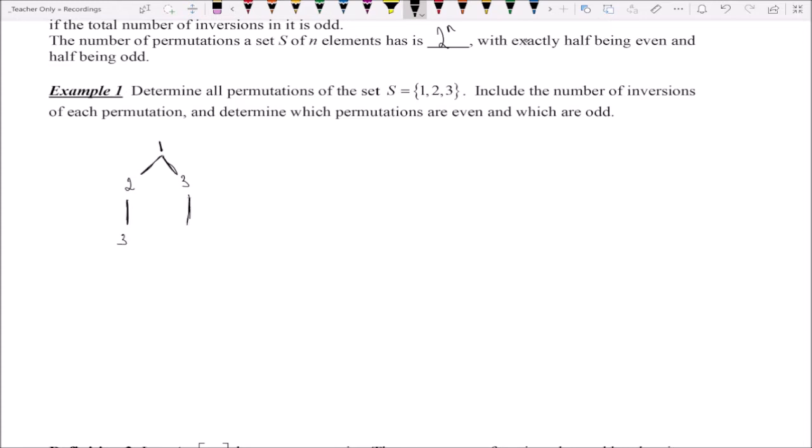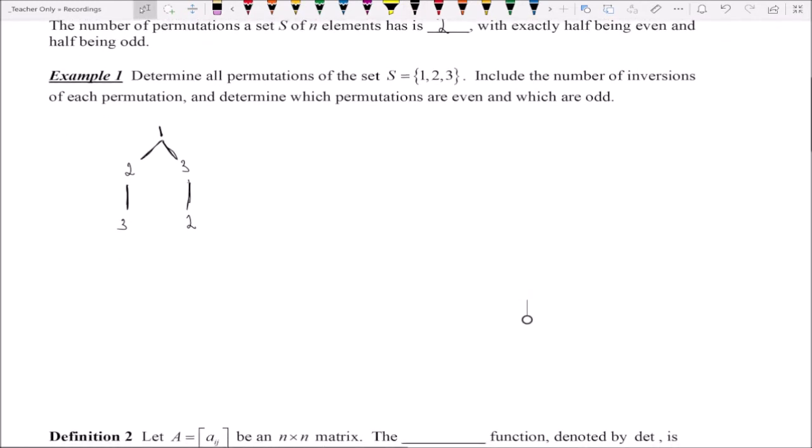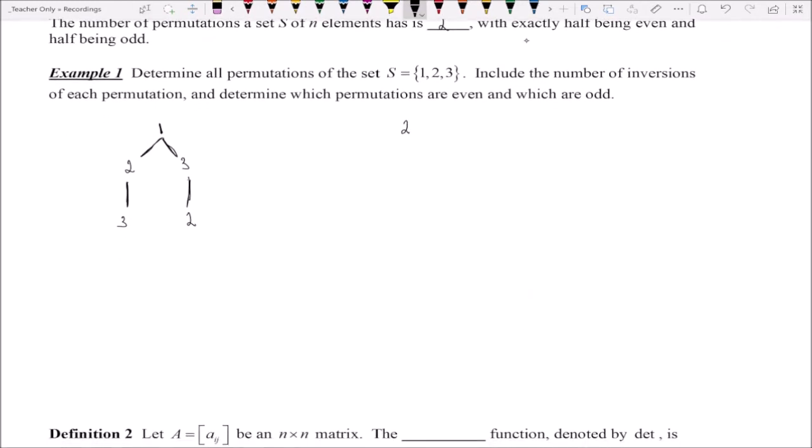And from 3, we only have one option left, which is 2. Now repeat this for the elements 2 and 3. And if we just follow the path of each one, we have our permutations.